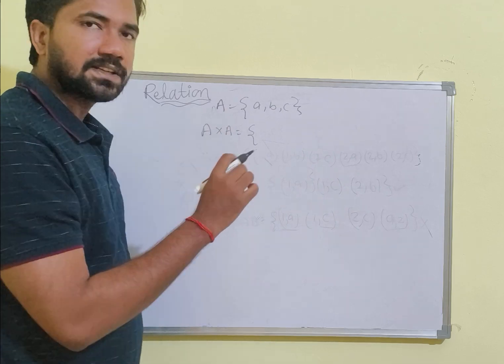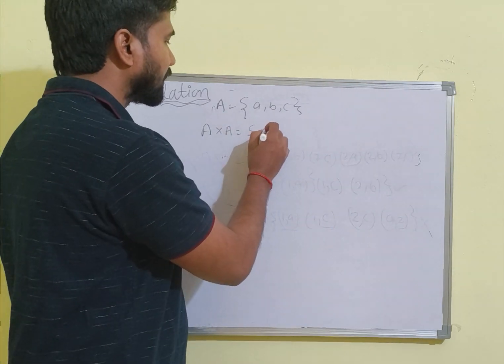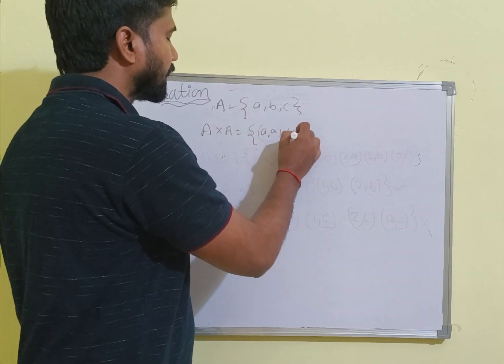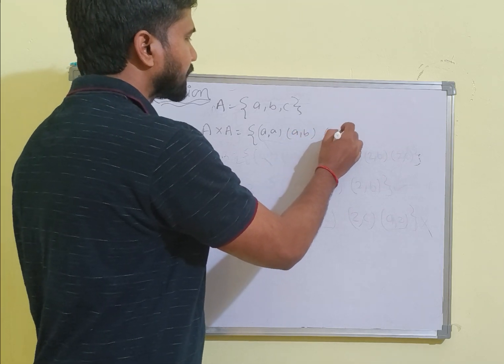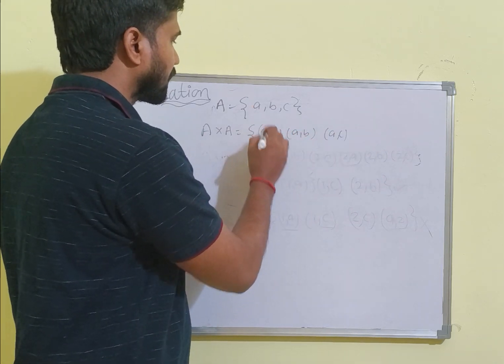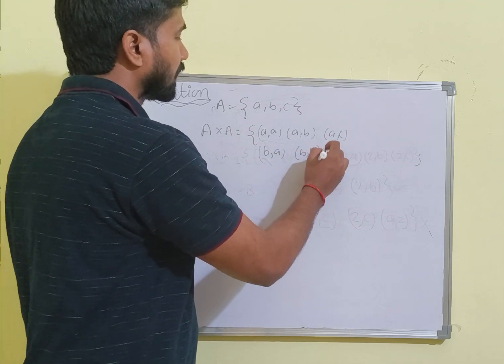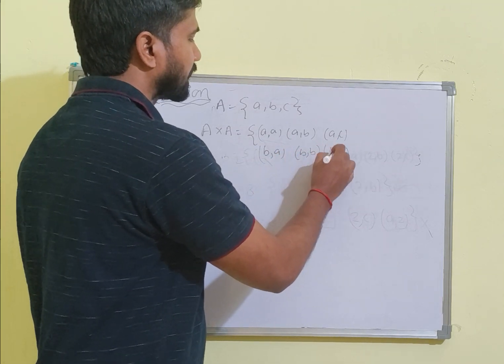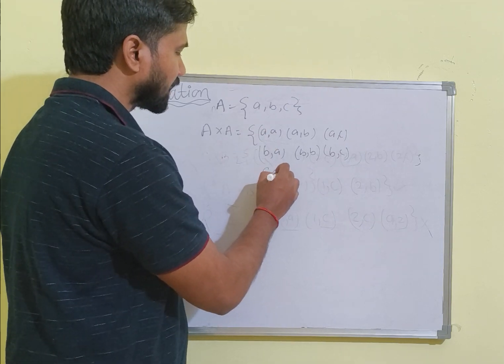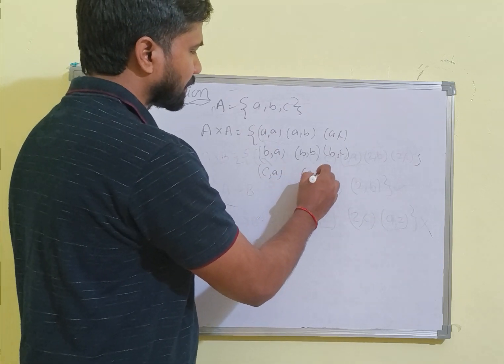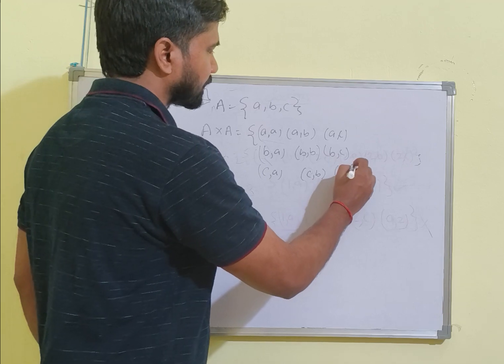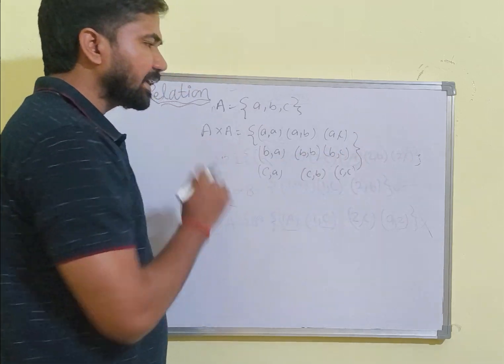There are a total of 3 elements, so 3 times 3 is 9 elements. (a,a), (a,b), (a,c). Next (b,a), (b,b), and (b,c). Next (c,a), (c,b), and (c,c). That is A cross A.